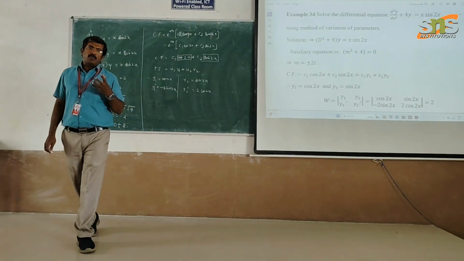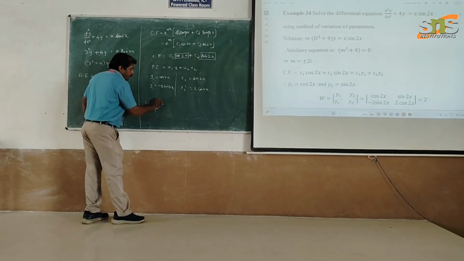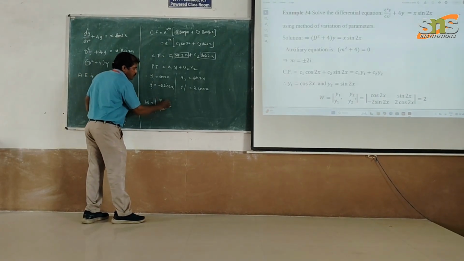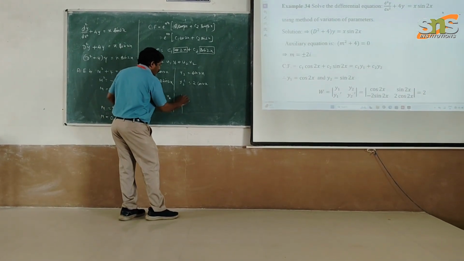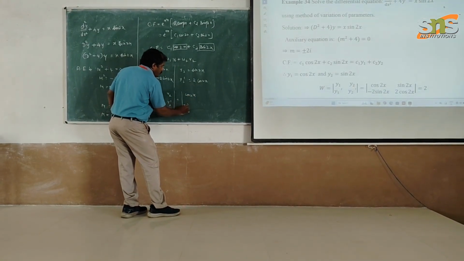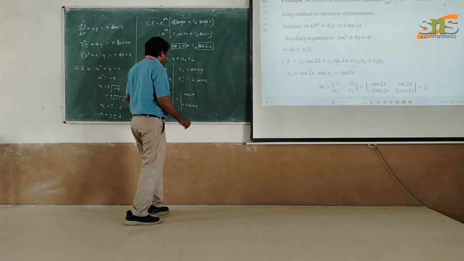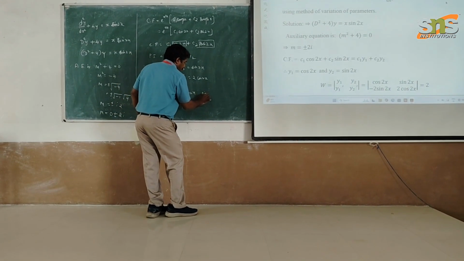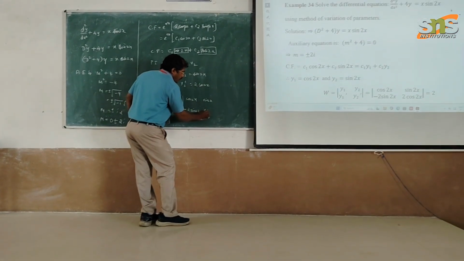Now you can proceed with the Wronskian formula, because in order to find u1, u2, we need to find the Wronskian W. That is W equal to the determinant of y1, y2, y1 dash, y2 dash. You substitute these values: y1 is cos 2x, y1 dash is minus 2 sin 2x, y2 is sin 2x, and y2 dash is 2 cos 2x.